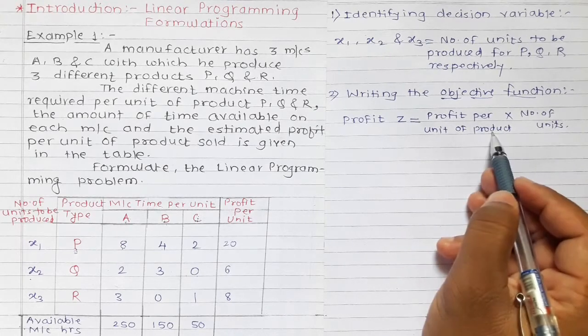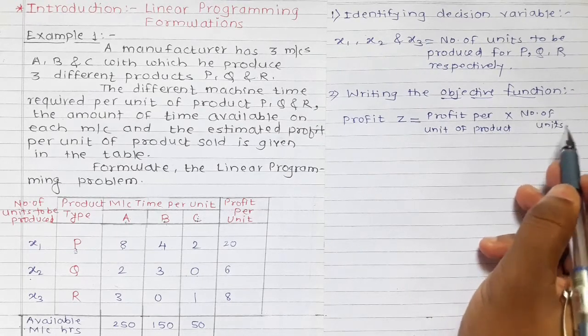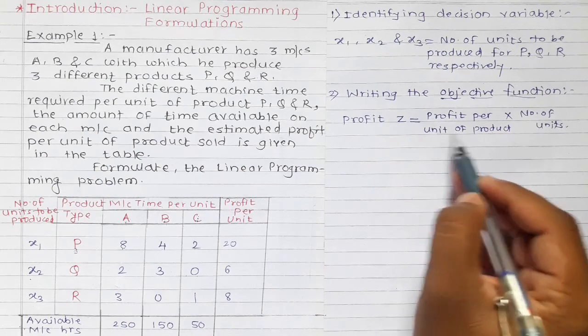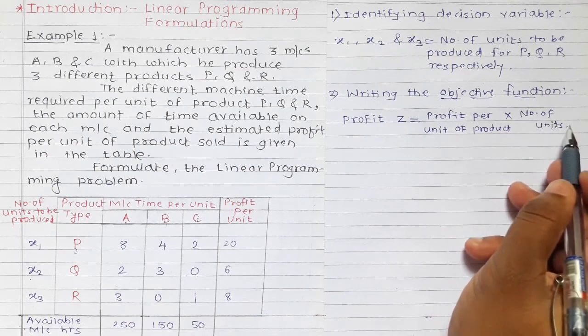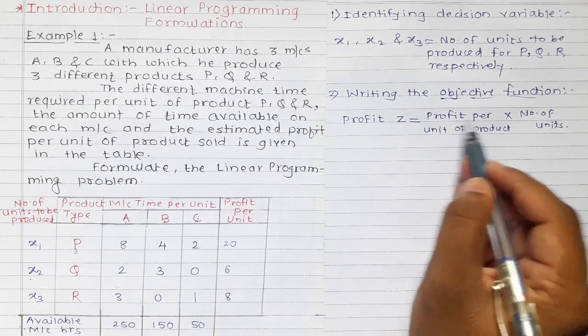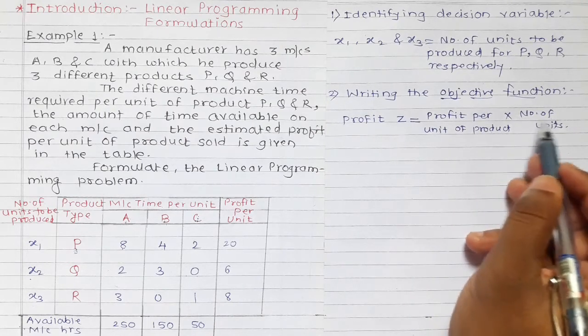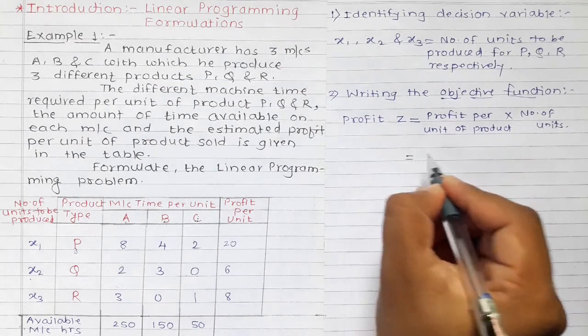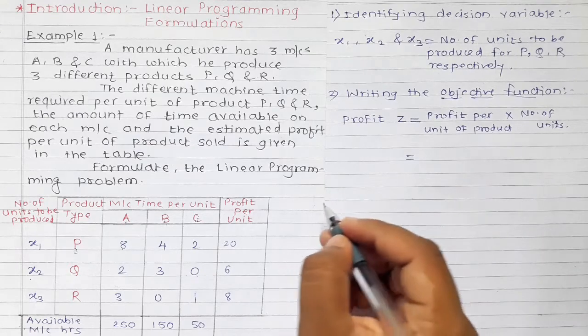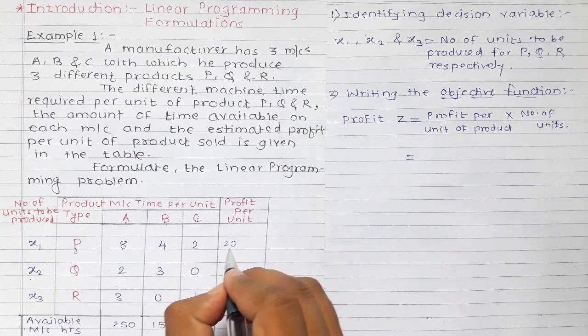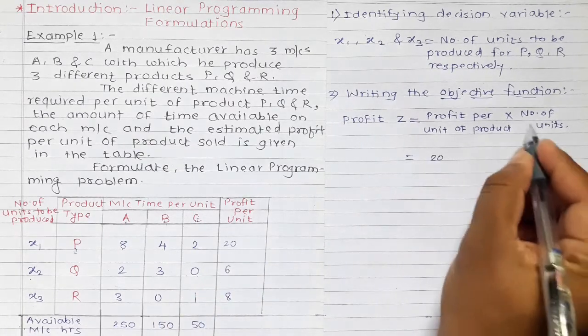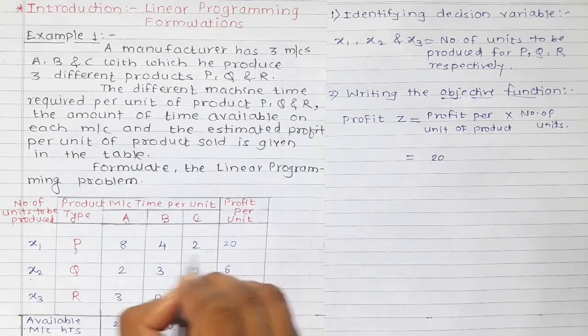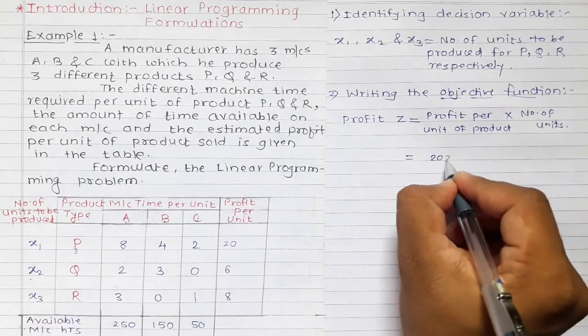Profit per unit of product P into number of units of P, plus profit per unit of product Q into number of units of Q, similarly plus profit per unit of product R into number of units of R. So we know that profit per unit of product P is 20 and number of units of product P are X1.